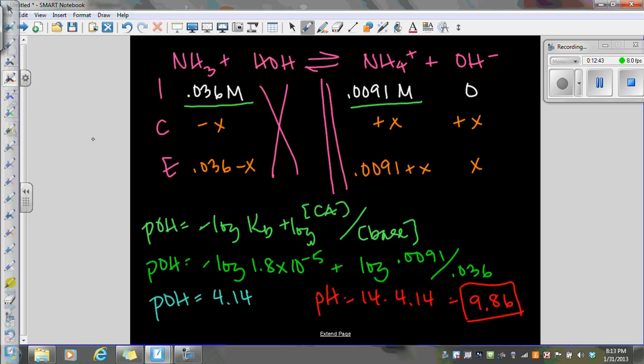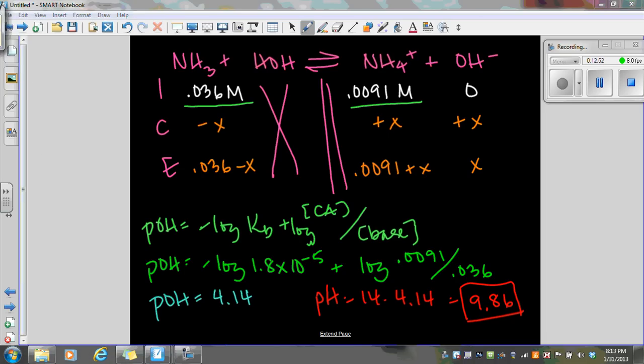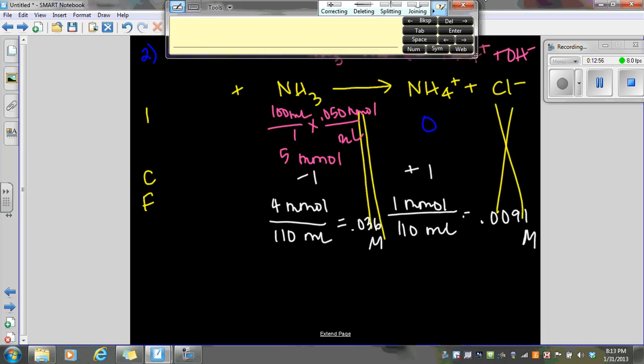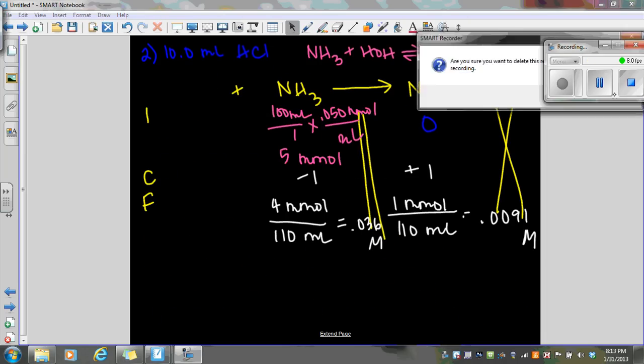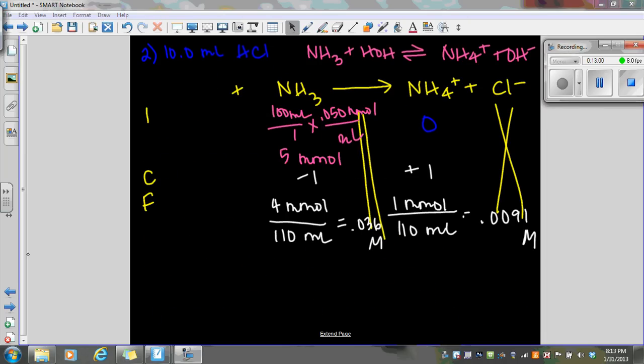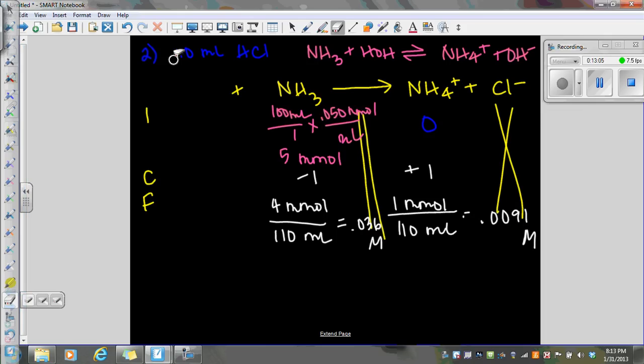Okay, so now what we're going to do is continue. We're going to add 25 milliliters this time. So let's go back to this slide. Now instead of 10 milliliters of HCl, we are going to have 25 milliliters of HCl. Our amount of ammonia did not change.